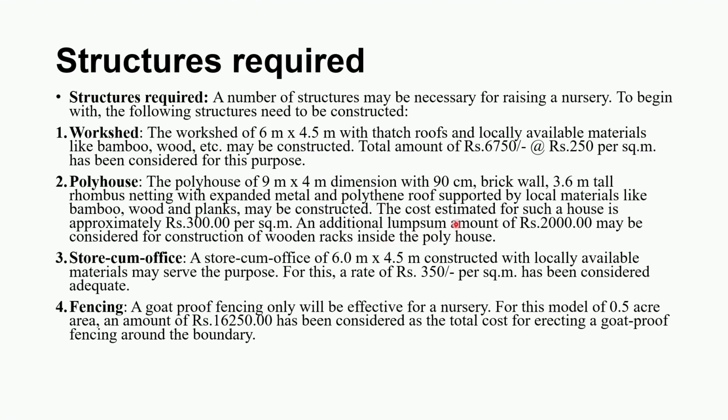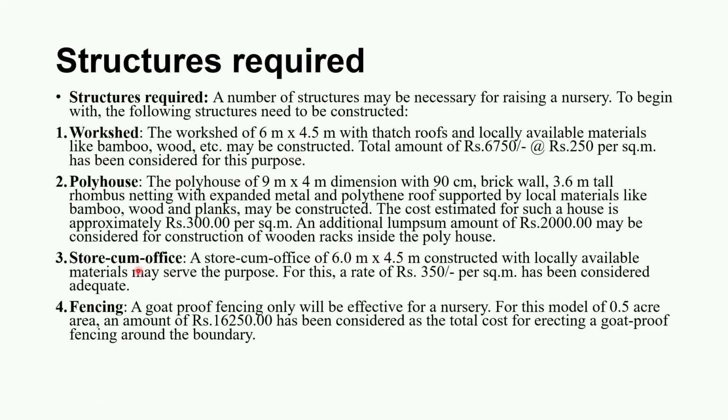The cost estimated for the polyhouse is approximately 300 rupees per square meter. It is costlier than the workshed, and an additional lump sum of 2000 rupees may be considered for the construction of the wooden racks, which are necessary in the polyhouse.